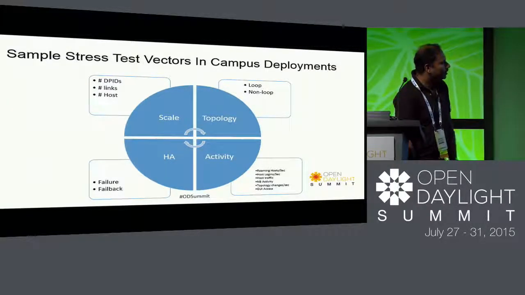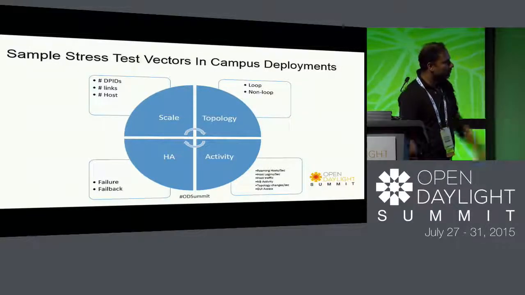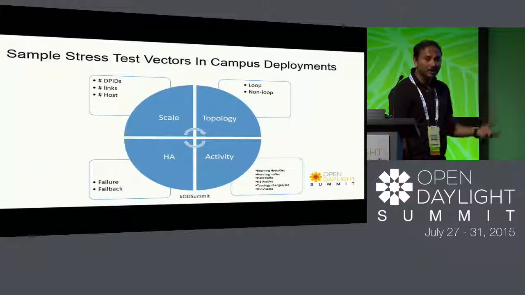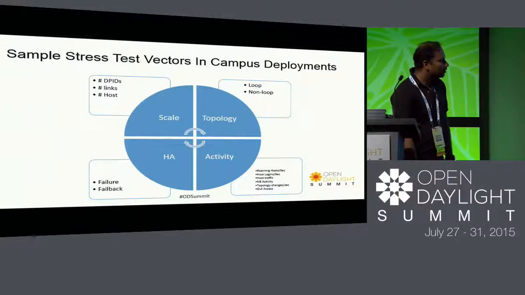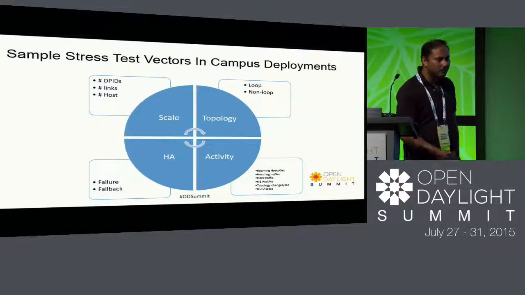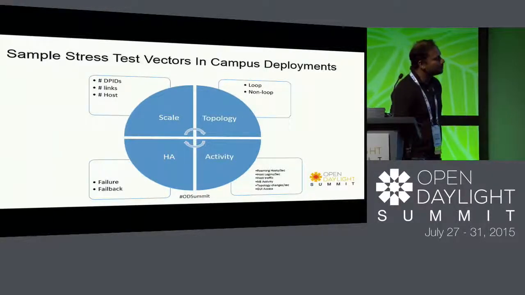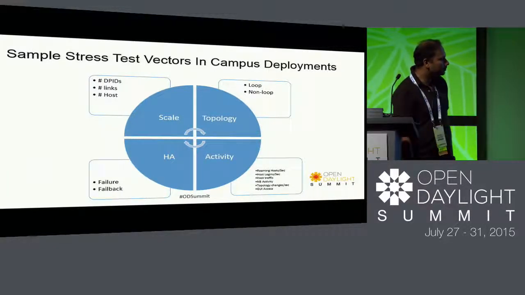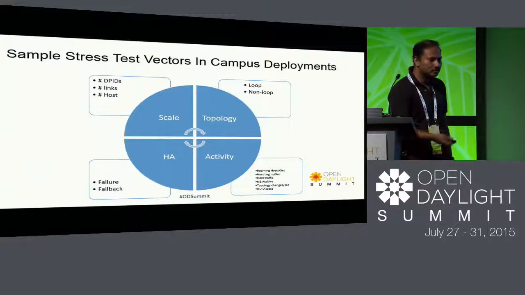Then regularly we should be targeting what kind of activities the app guys will do on the controller. From a campus point of view, I can nail down that roaming is a very common scenario. So we need to try to trigger roaming cases for hosts. Then new host login.